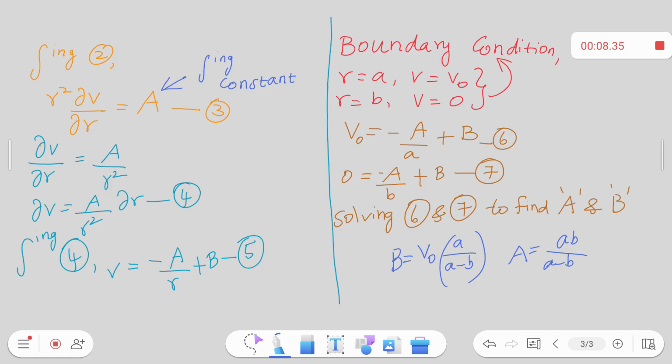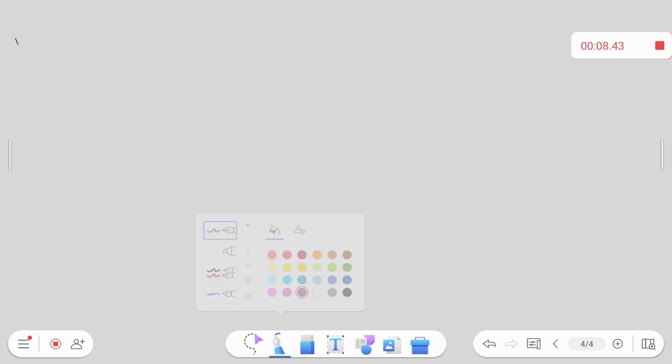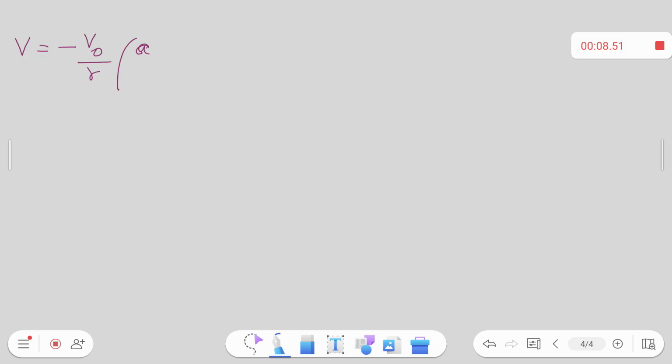So this is my answer after finding the constants A and B. Now if I substitute the constants A and B in equation 5, I would get V is equal to minus V0 by r into ab by a minus b plus V0 into a by a minus b. So this is my V. Let us take this as equation number 7.